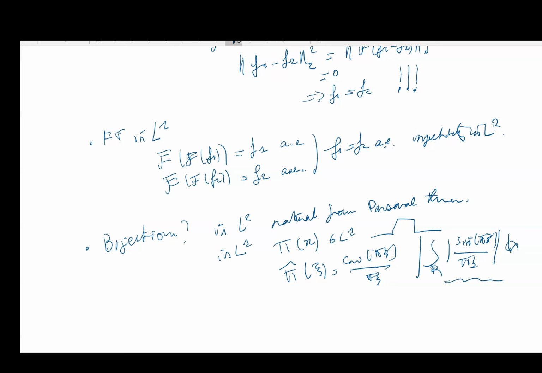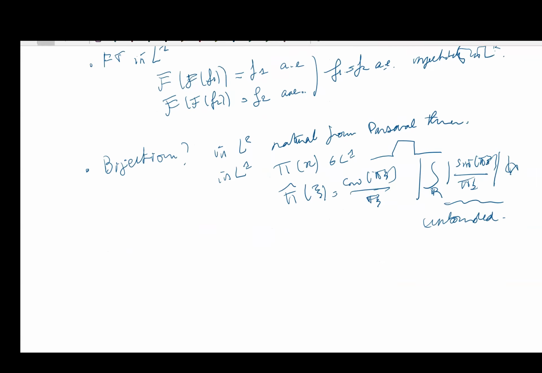There are many reasons why, but basically it's just going to be more or less equivalent to 1 over ξ, and so that is unbounded. So the image does not belong to L1, but of course it does belong to L2. So what we can remember from that is that it's not a bijection in L1, but in L2 it's the good space.